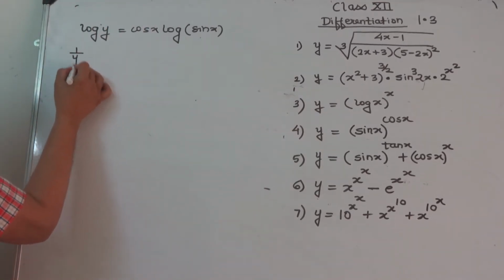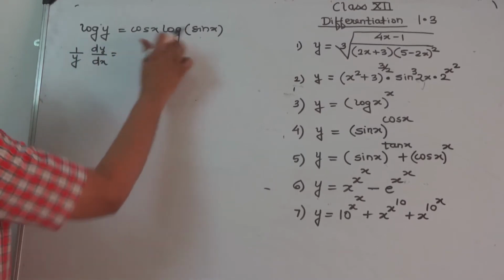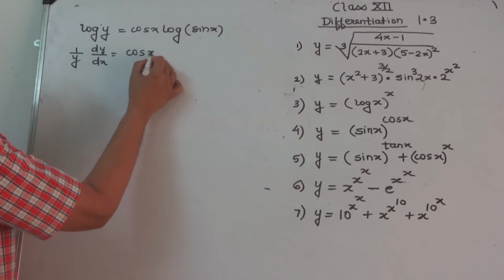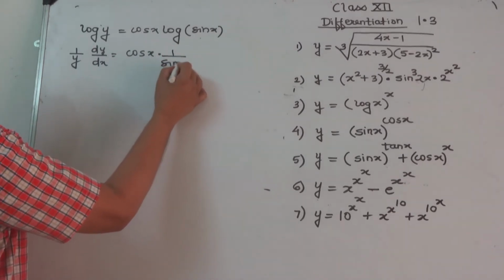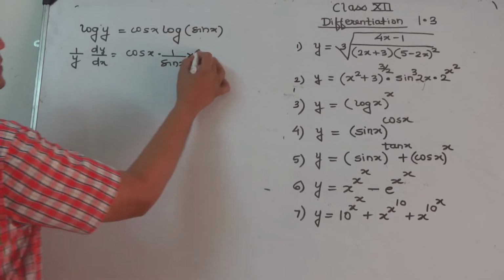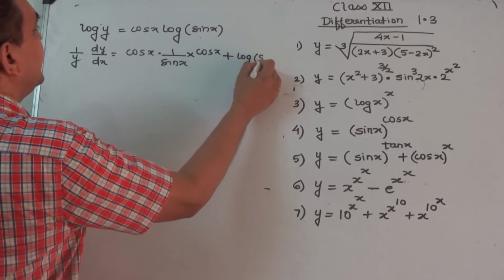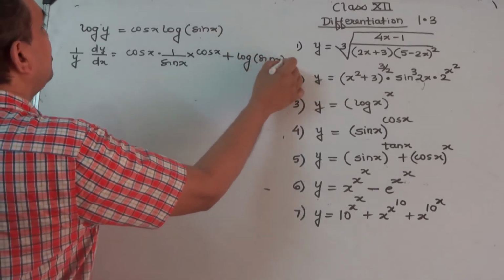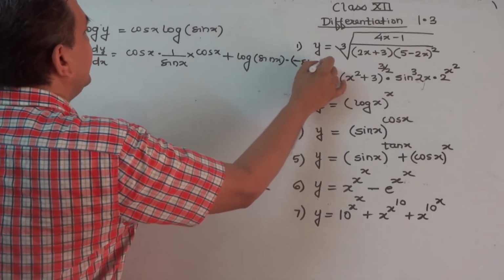Derivative, 1 by y dy by dx equal to, this is u into v, so cos x as it is, derivative of log is 1 upon sin x, chain rule, derivative of sin x is cos x, plus log of sin x as it is into derivative of cos x, which is minus sin x.